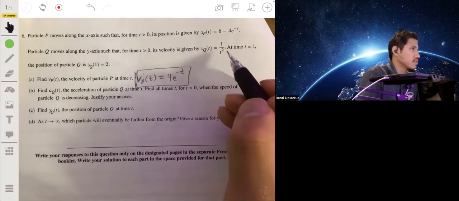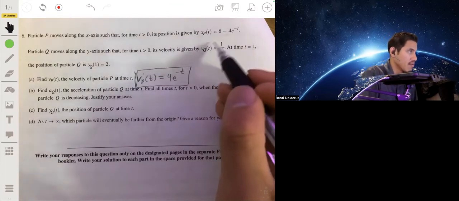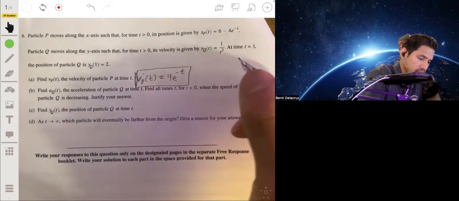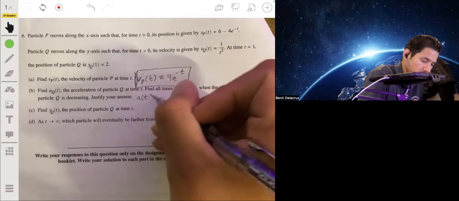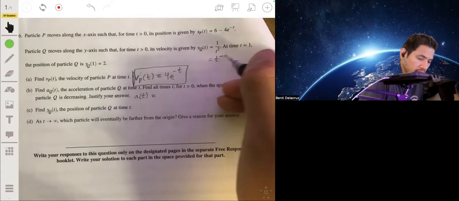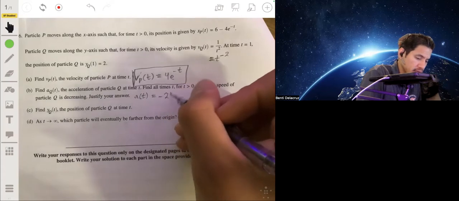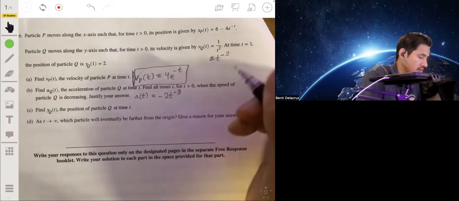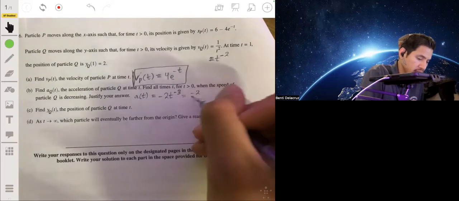Acceleration is just the derivative of velocity, so we take the derivative of this. So a of t, and remember this is equal to just t to the negative 2. We can just use power rule, so this will be negative 2 t to the negative 3. And we can express it like this, negative 2 over t cubed.